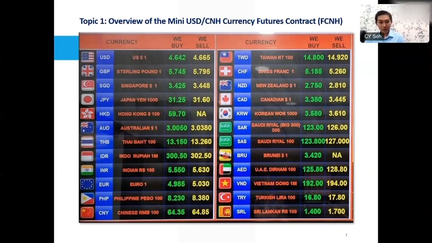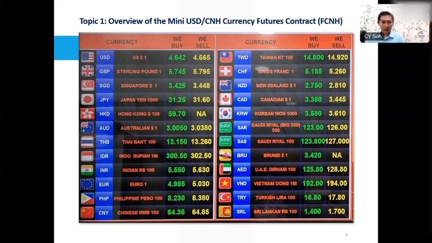So this picture is a typical money exchange quotation board, and all of the prices here are quoted based on the respective country currency and how much Malaysia ringgit you need to get or pay in order to exchange that particular currency. So already you have some basics regarding currency trading.